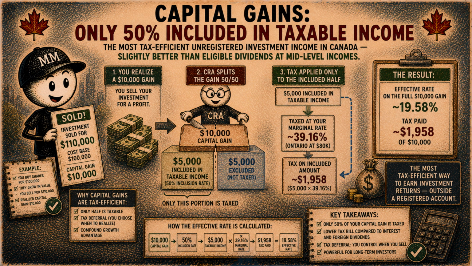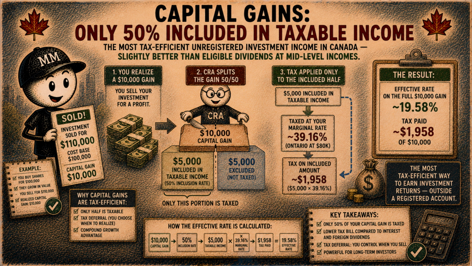Type 3. Capital gains. Capital gains, profit from selling an investment for more than you paid, receive preferential tax treatment in Canada. Only 50% of a capital gain is included in your taxable income. This is called the capital gains inclusion rate. On $10,000 in capital gains, only $5,000 is added to your taxable income.